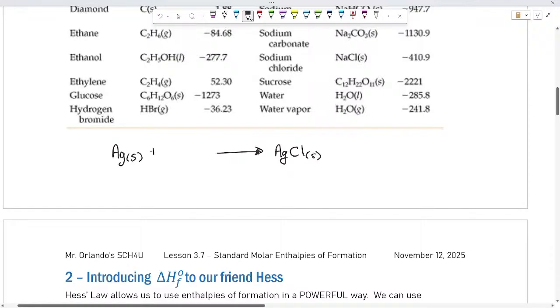We're going to react it with what? Chlorine. At standard atmospheric temperature and pressure, what does chlorine look like? It's a gas, and not only is it a gas, it is diatomic. Now, for this to balance, normally we would put 2's here and here, but the instructions very clearly state that it's supposed to be how much is required to make 1 mole of this, right? So what number would have to go here?